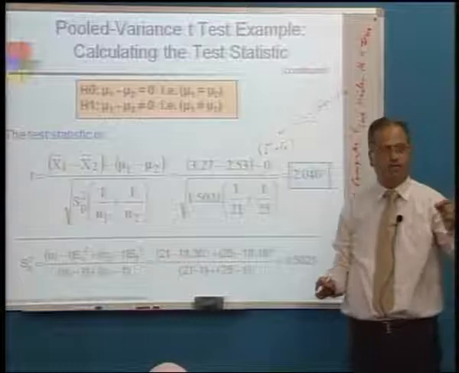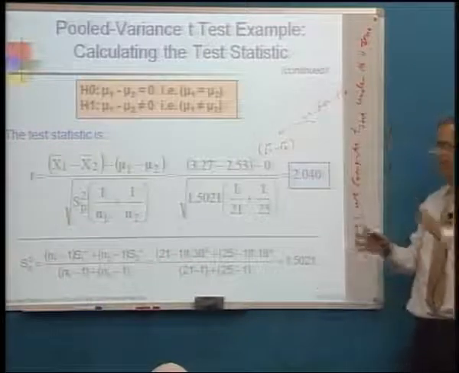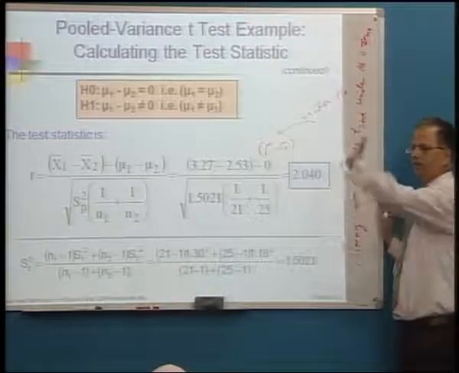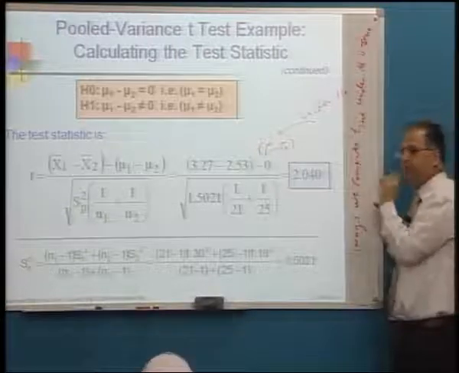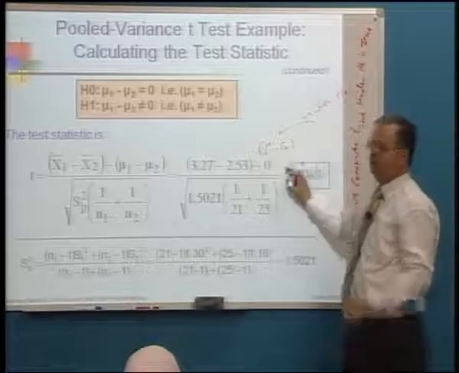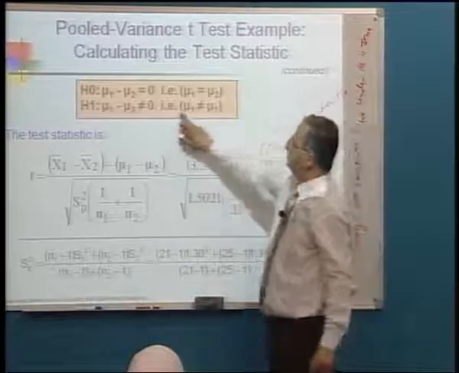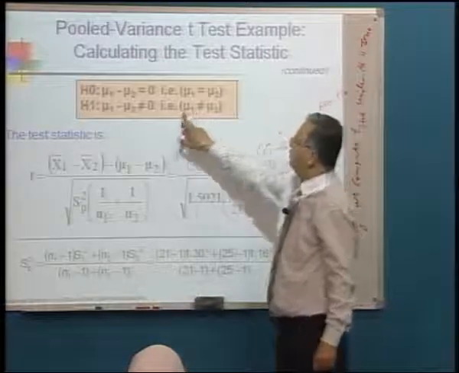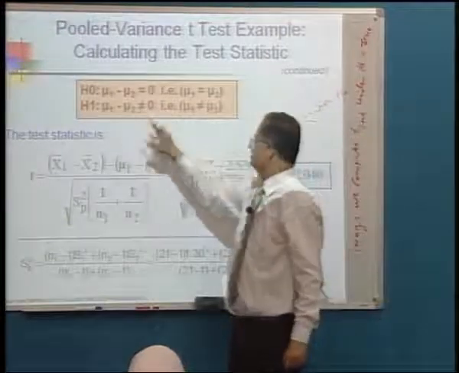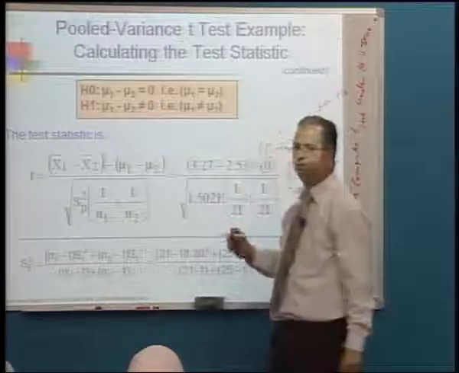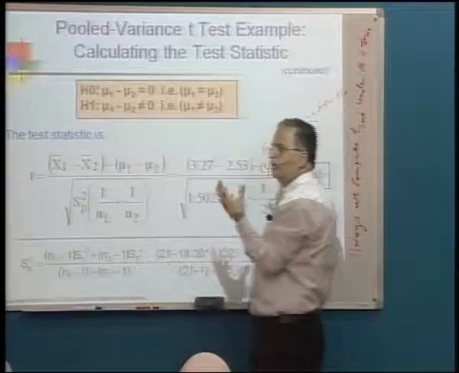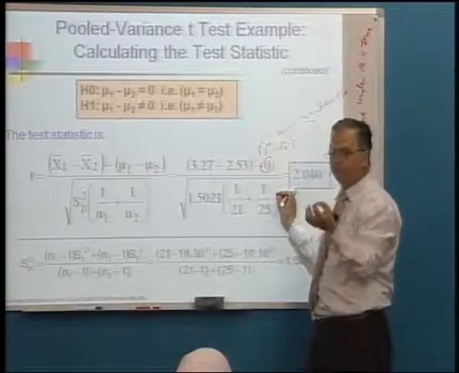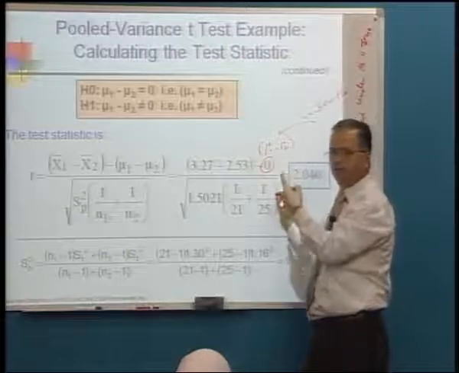Imagine that the rule is compute the value of the statistic if H1 is true. Let's see what will happen. Now, if H1 is true, H1: mu1 minus mu2 does not equal 0. So what's the value here? You don't know, because this difference is not 0. So you cannot determine the value of the statistic under H1.